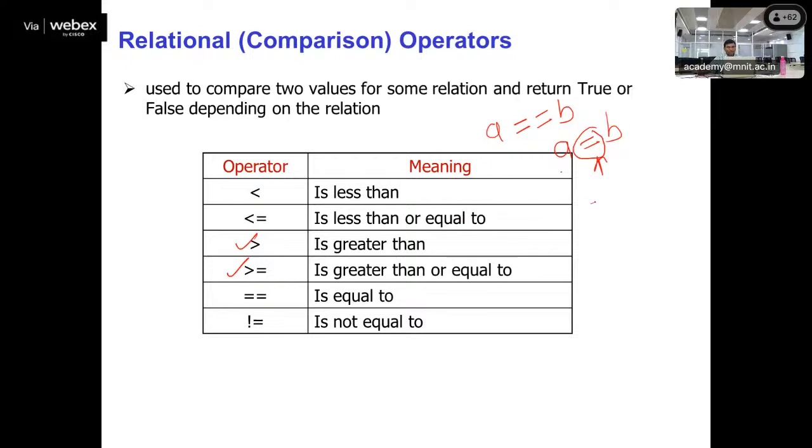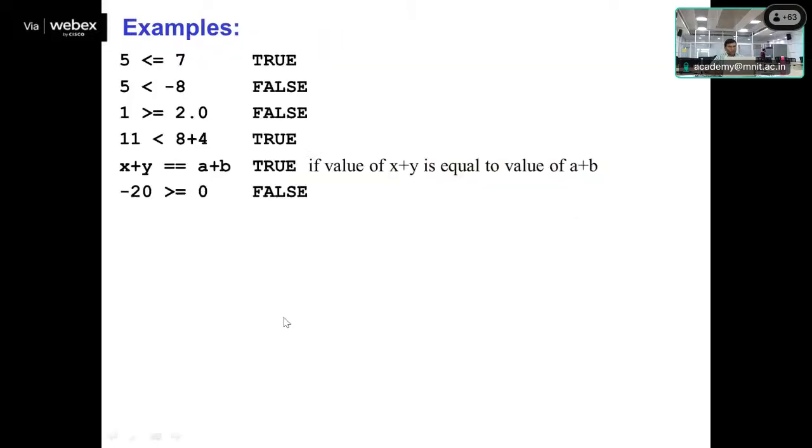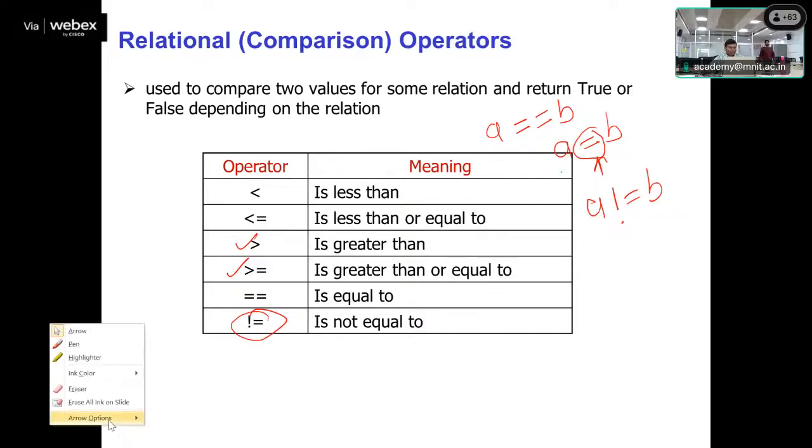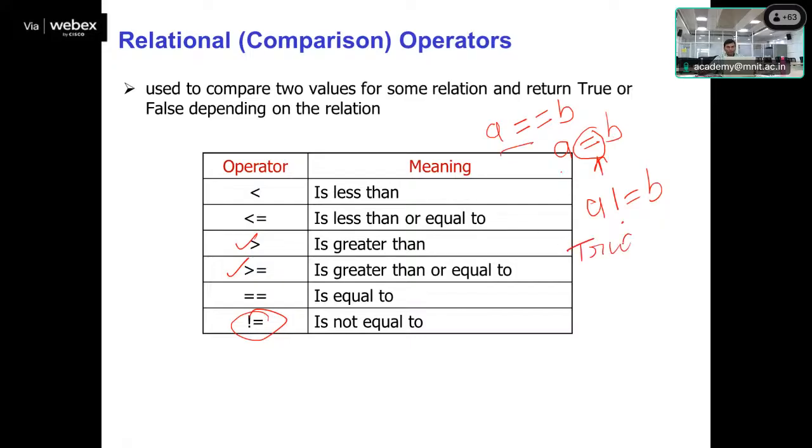And if you want to check whether A is not equal to B, then we can use the not equal to operator. So let us see the outcome of these operators. We will get true or false.